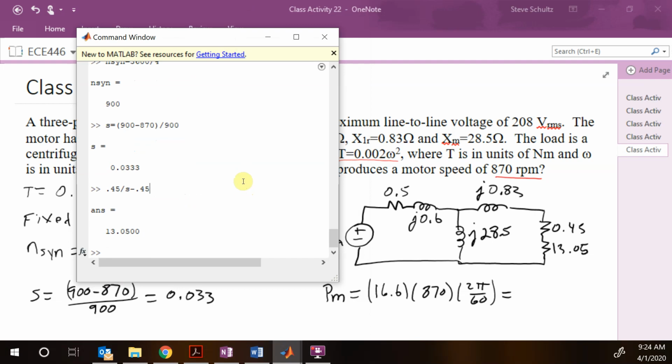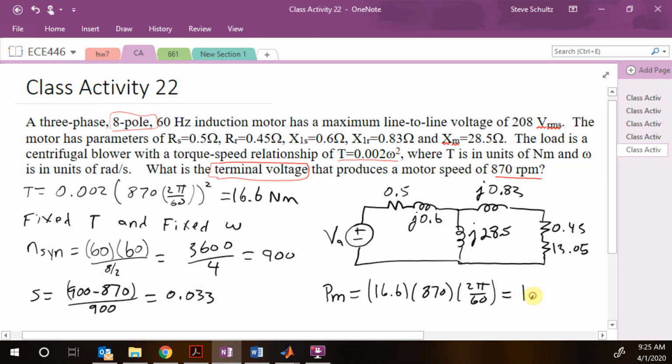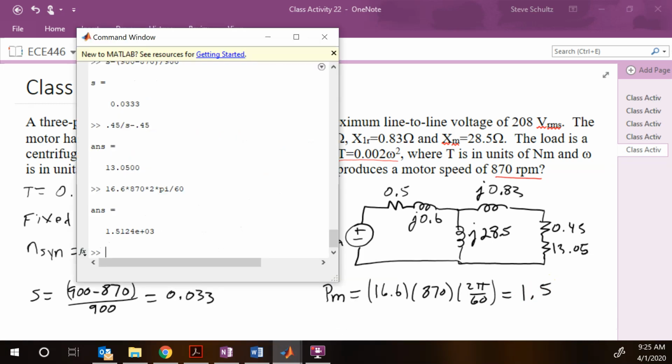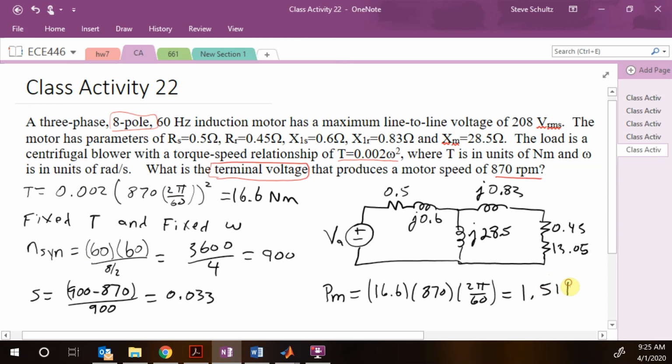So this is equal to 16.6 times 870 times 2 times pi divided by 60, which is equal to 1.51 kilowatts.